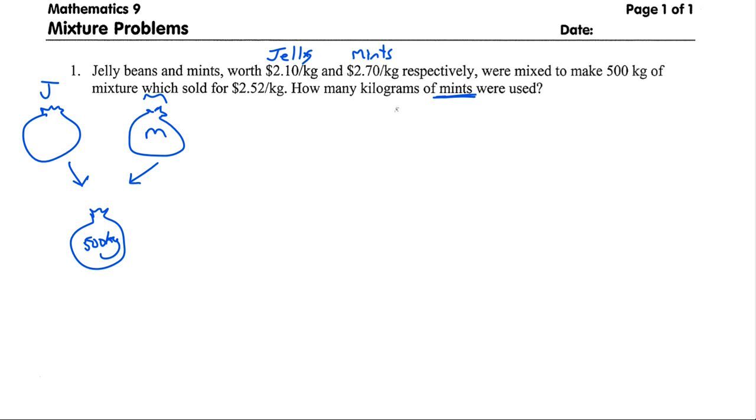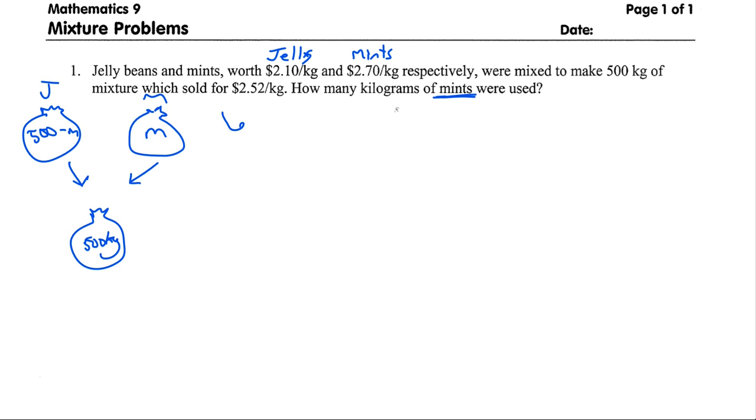To put it this way, if I took 100 kilograms of mints, then I should take 400 kilograms of jelly beans. If I took 200 kilograms of mints, I should take 300 kilograms of jelly beans. If I take M kilograms of mints, how many kilograms of jelly beans will I take? It should be 500 minus M. Whatever the M is, 500 minus that is how much jelly beans we need.